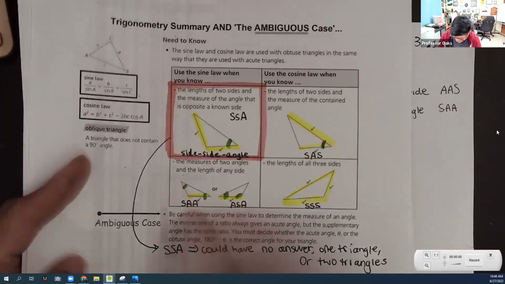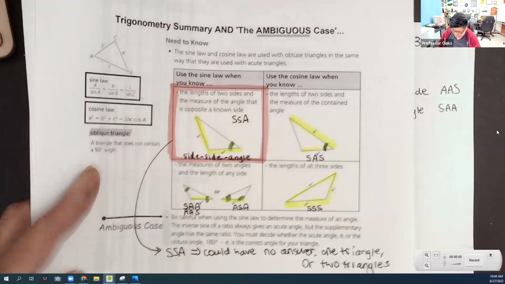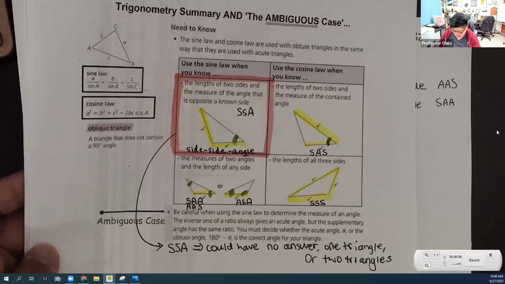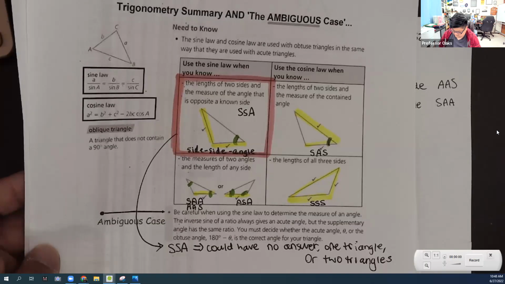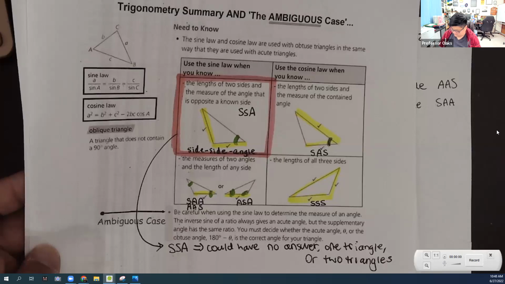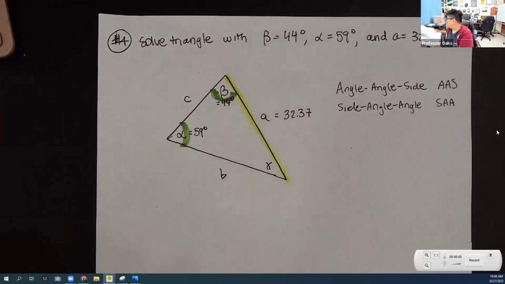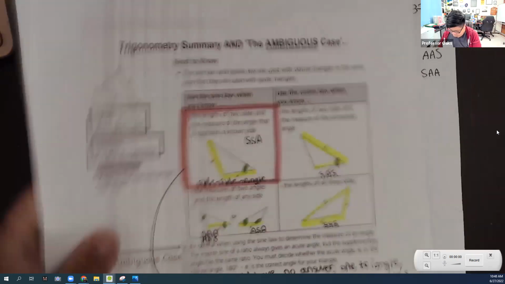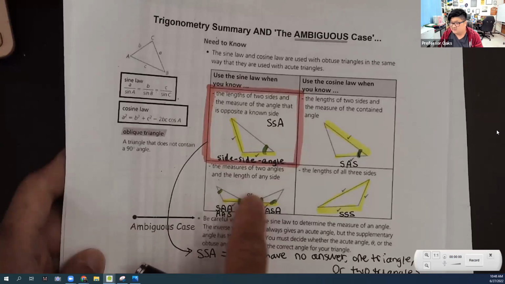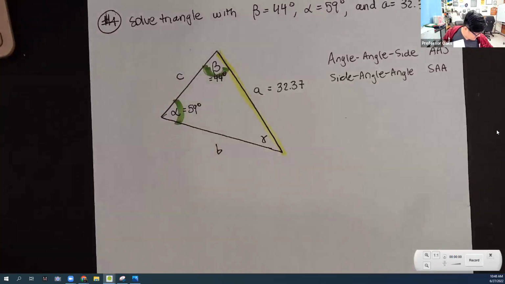If you have that case, then that means you need to use the law of sines. That's really all this is here for, to tell you which one to use.